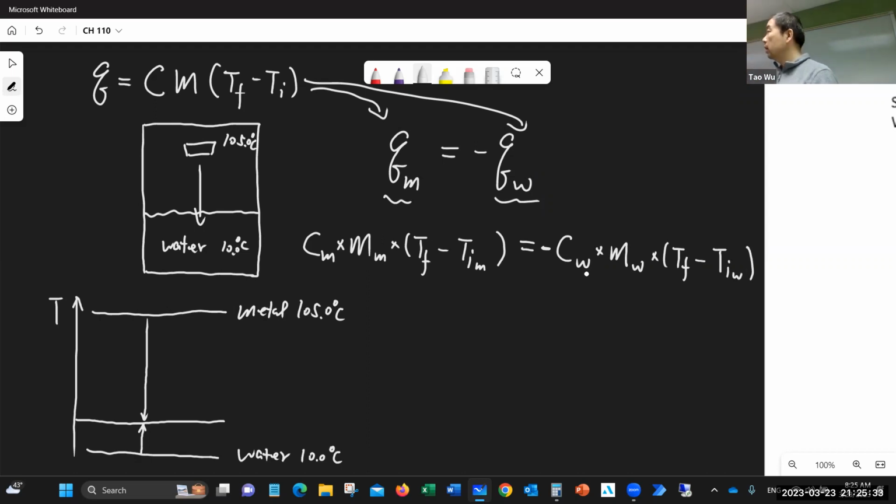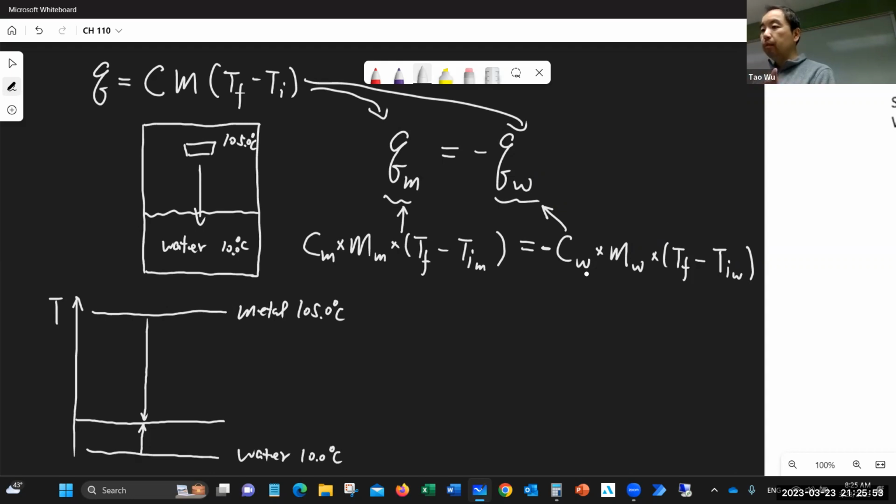That makes sense, right? So generally you can use all those equations to represent this. This equation represents heat of metal, and this equation represents heat of water. Make sense, right?